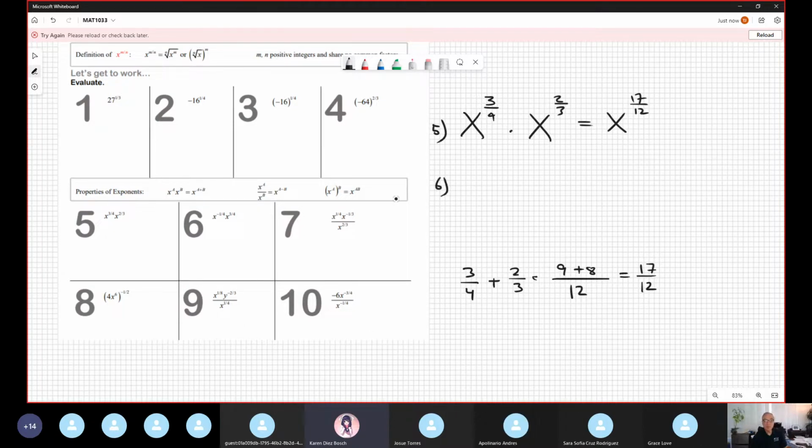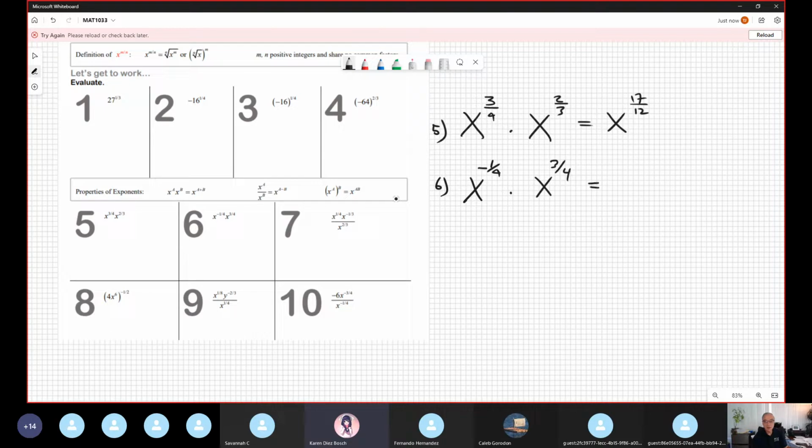Now number 6. In number 6 we have a negative exponent, times x to the 3/4. Either way works. One possibility is to not change the negative exponent.